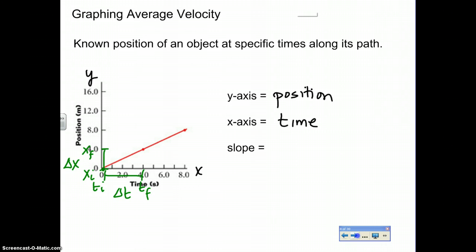That means the slope of the graph, the rise over the run, must be our average velocity. So please note that the slope of any position time graph is going to give you average velocity.